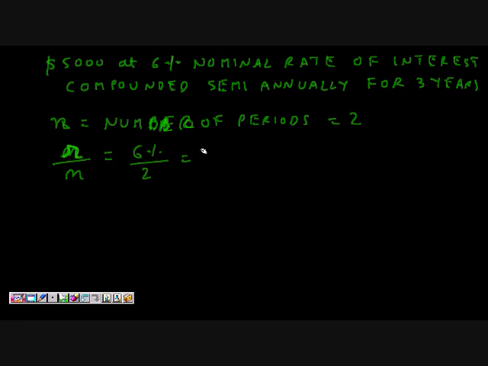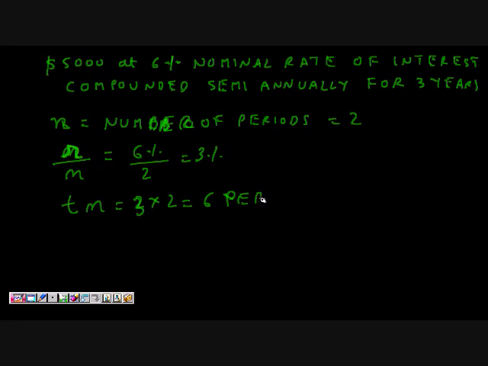So the interest rate that we'll use in the formula will be 3%, or r by n. And since it's for 3 years, but every year has 2 periods, the time frame will be t multiplied by n, which is 3 times 2, which is 6. So there will be 6 periods for which the interest is calculated.